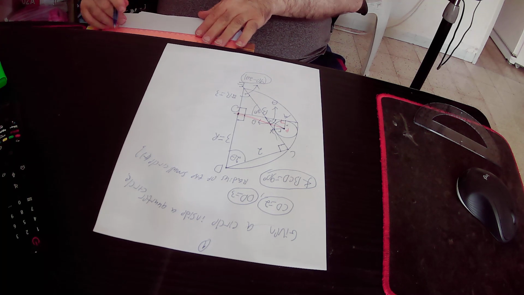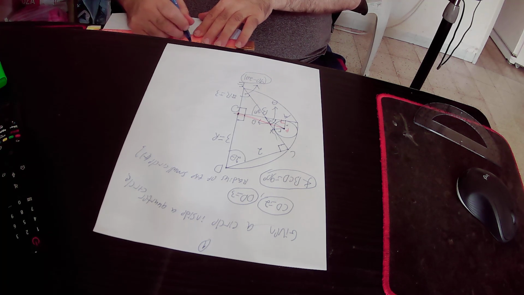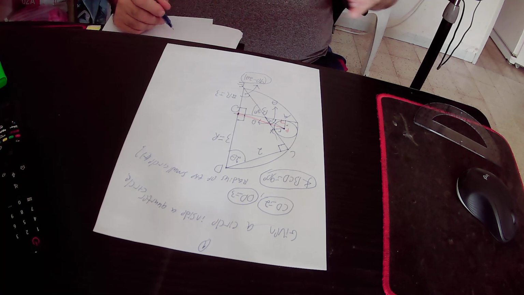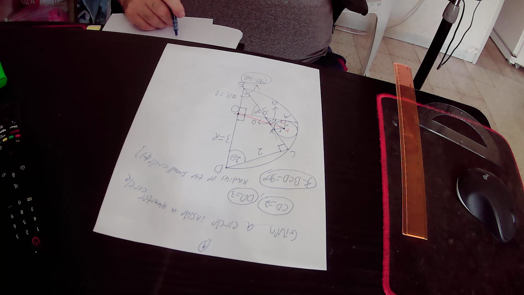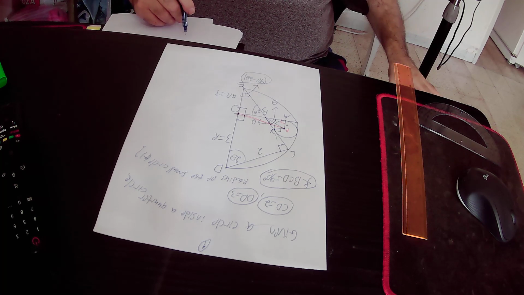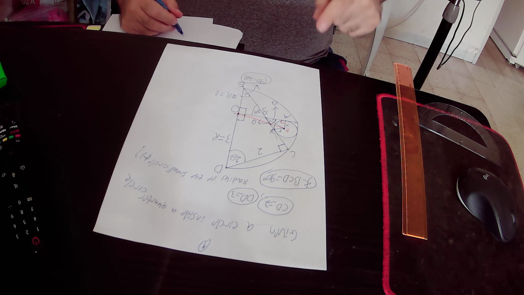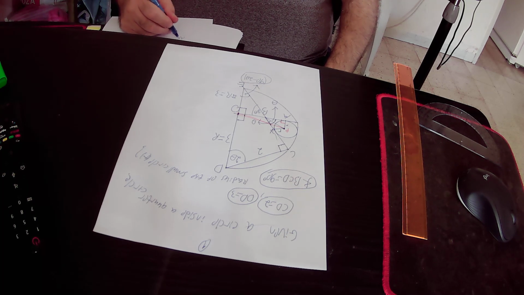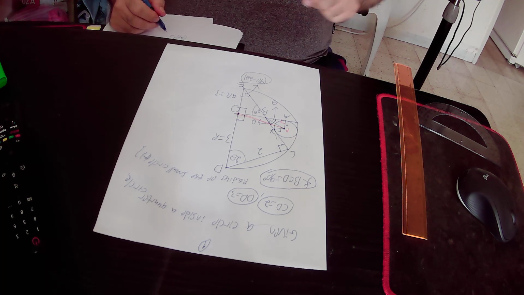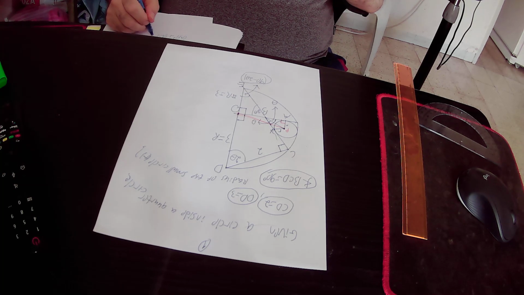Therefore, according to the Pythagorean theorem, the square of the hypotenuse in a right triangle is equal to the sum of the squares of the perpendiculars. That is to say, AP square plus AO square equals PO square.